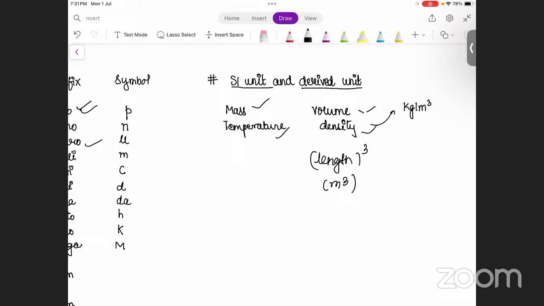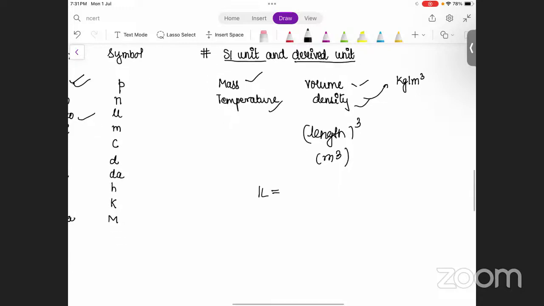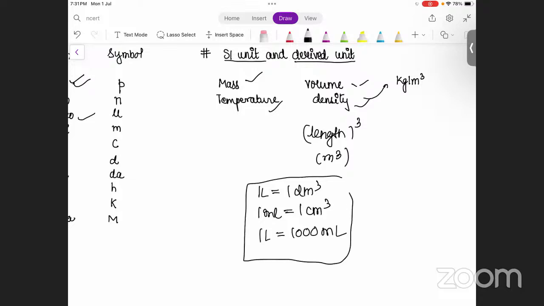If I have a cube with dimensions 1 decimeter by 1 decimeter by 1 decimeter, then the amount of substance in it will be equal to 1 liter. So 1 liter is equal to 1 decimeter cube, and 1 ml is equal to 1 centimeter cube. As you know that 1 liter is equal to 1000 ml, I hope now you can write the relationship between 1 liter and the centimeter cube.